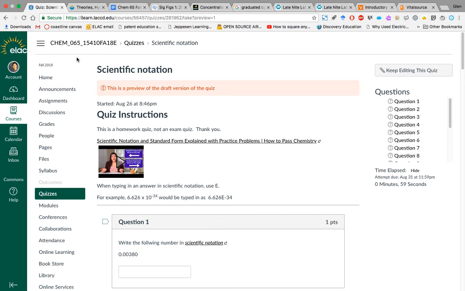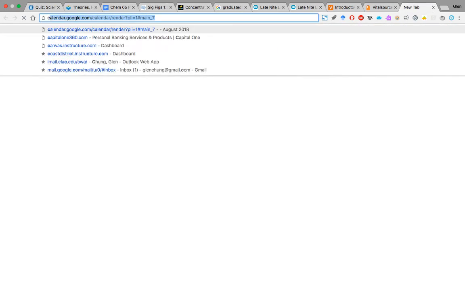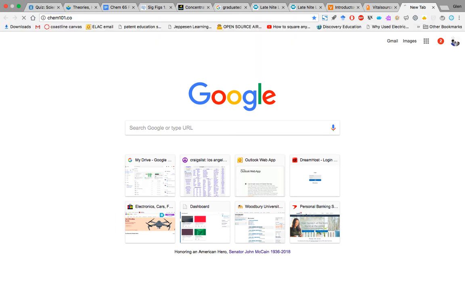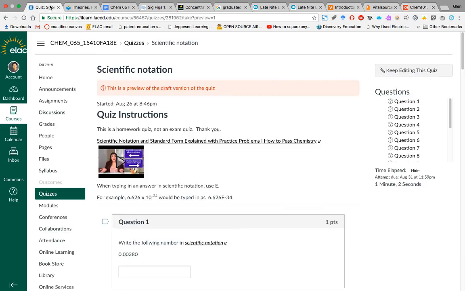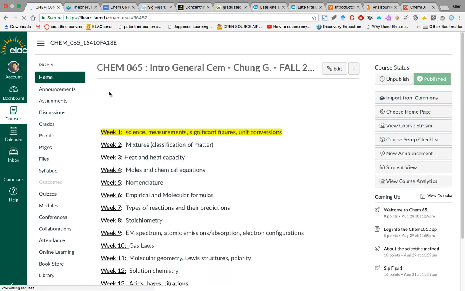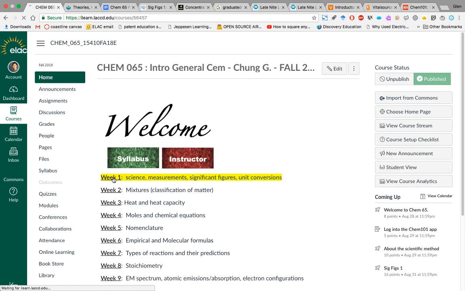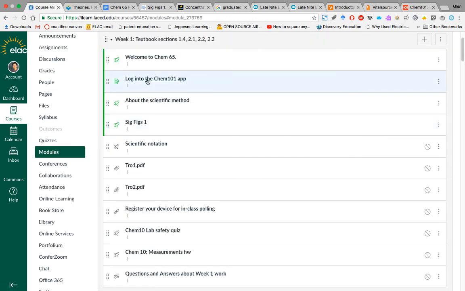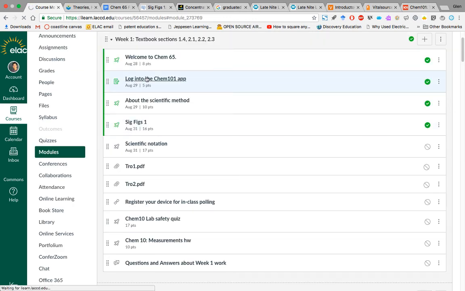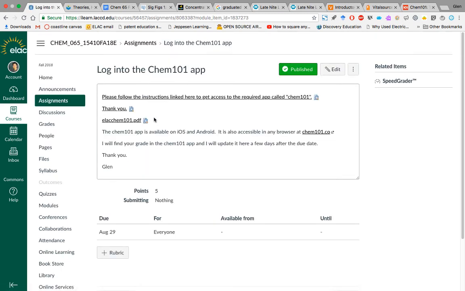I also have another piece of work for you to do associated with scientific notation, and that's on the Chem 101 app. I hope you logged in and signed up for the Chem 101 app. Just in case you haven't, let me show you where to get that information. You got to go on the Canvas and find week 1 and then log into the Chem 101 app.